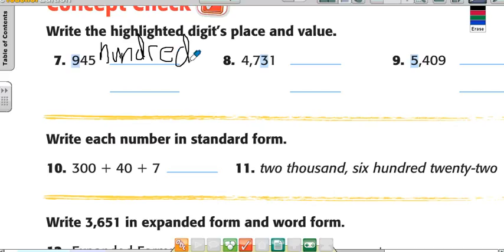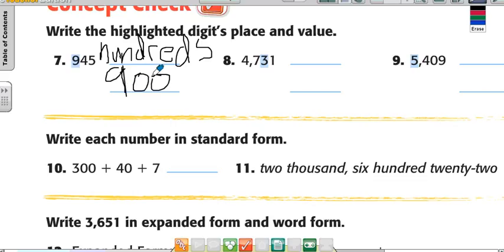Now, what value does it have? 9. So I write the number that's highlighted, and it's 900.